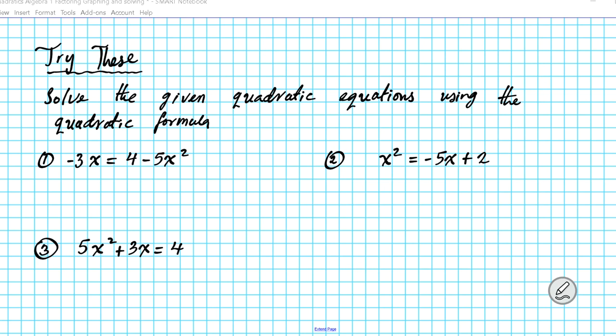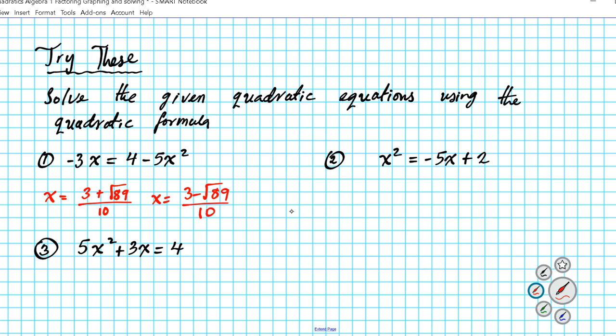Welcome back. Hopefully you had a chance to try out these problems. Let's take a look at what the answers are. Answer to question number 1 is x equals 5 minus root 37 over, oh sorry, that's the wrong answer. That's the one we did initially. The first one, the answer is x equals 3 plus root 89 over 10, and x equals 3 minus root 89 over 10.